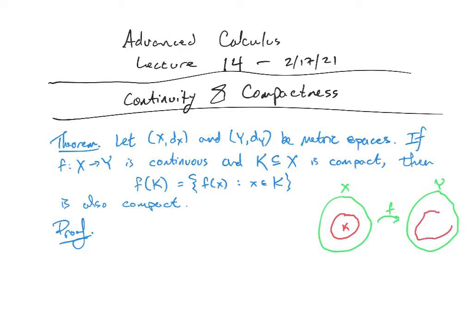So there's some F of K over here in the range. And then we want to prove that F of K is compact. So we're going to take an open cover of it, whatever your favorite open cover of it is, and we're going to argue that that open cover has a finite subcover.